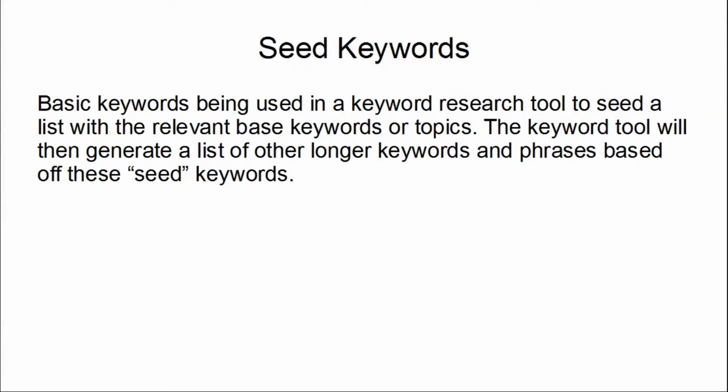These are basic keywords used in a keyword research tool to essentially seed the list with relevant base keywords or topics. The keyword tool will then use these seed keywords to grow them into a list of other longer keywords and phrases based off of these seed keywords.